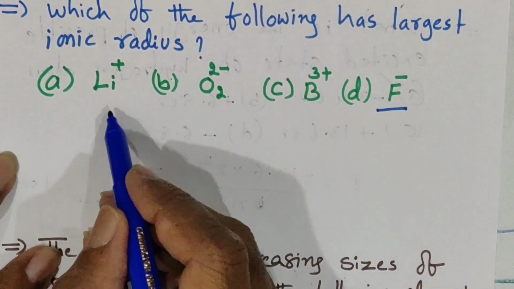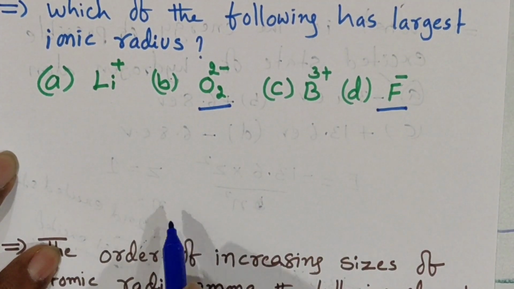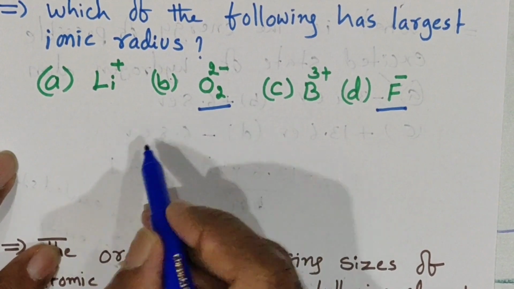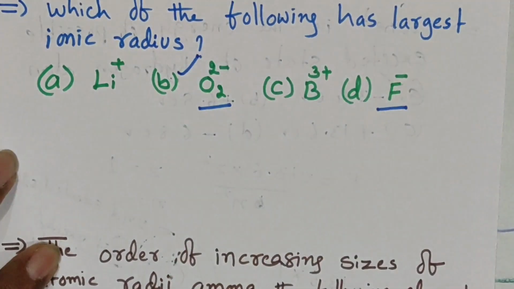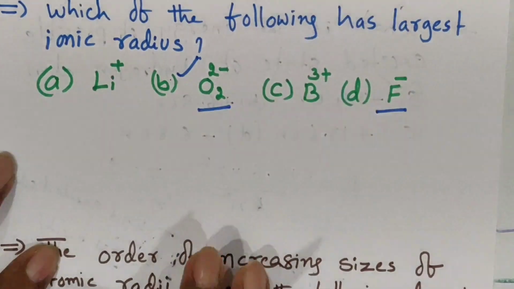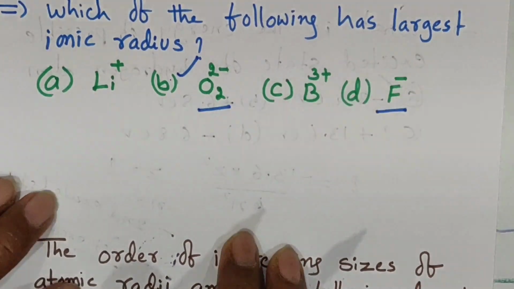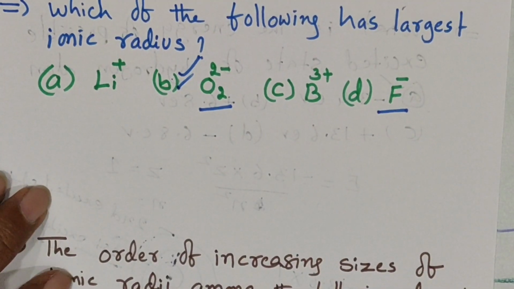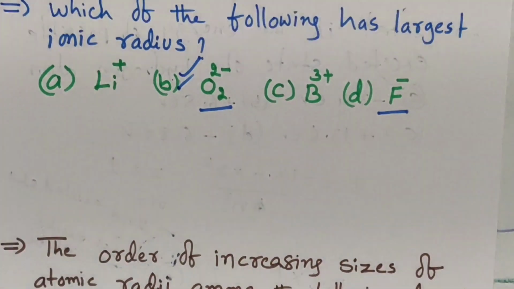So these two are bigger in size. But oxygen has 2 atoms, so it is bigger in radius and has more negative charge. That's why its radius is more. That's why this is the correct option. Like that, we have to analyze the correct options.